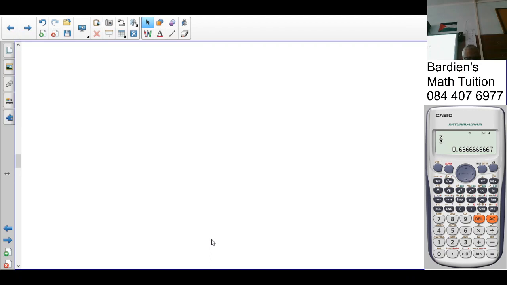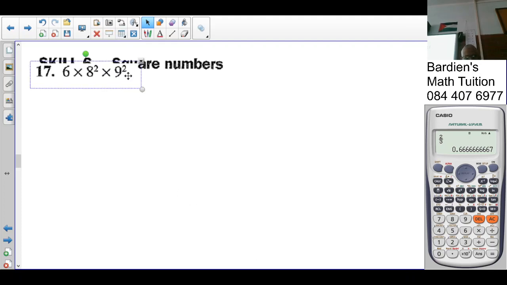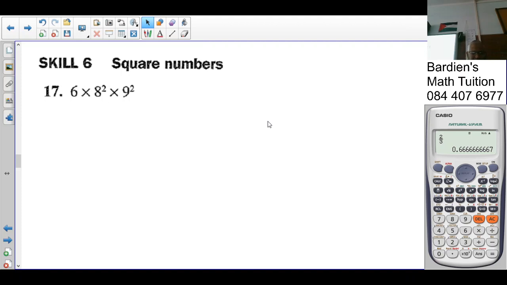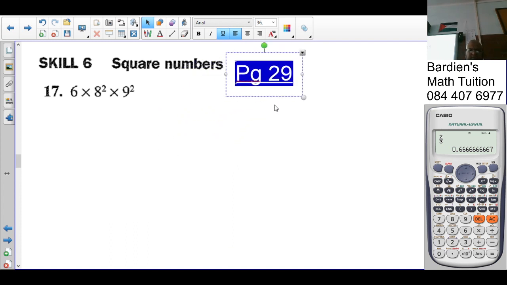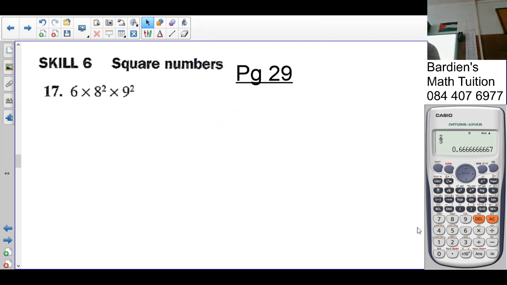Page 29. Okay, so squared numbers, skill 6, page 29, number 17.